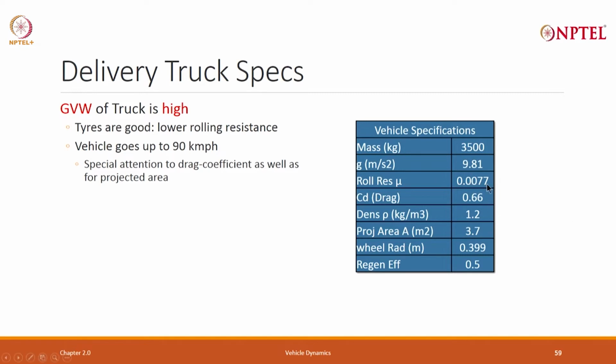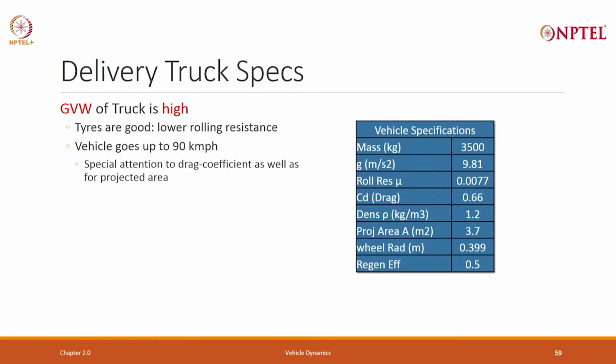Rolling resistance is very good. I deliberately make my tire very good. I spend money on tire. Why should I waste energy? Drag coefficient, well, can't do much about it. It's a large vehicle, so there will be a lot of drag, a lot of projected area. Wheel radius is made higher, 0.4 meters.